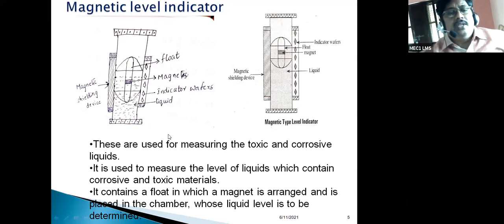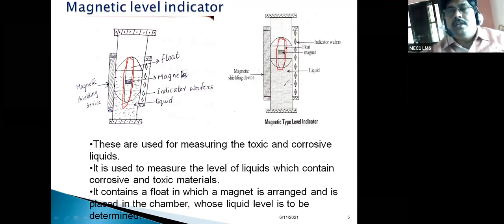Here, if you observe clearly in this figure, all of you see here, it consists of a float. This is a float, right? And in the float, a magnet is arranged at the middle.